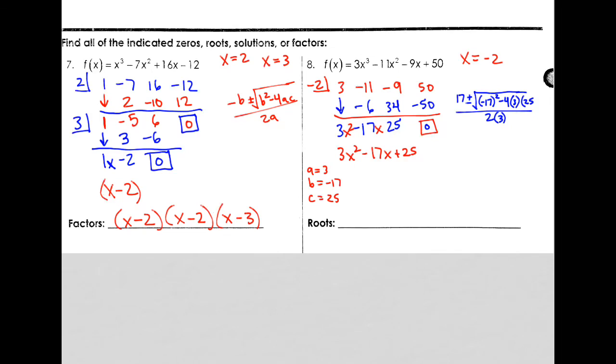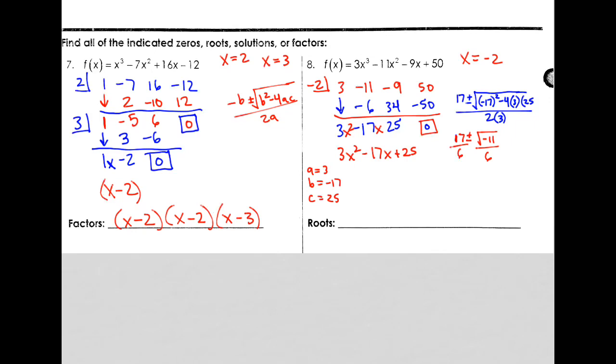So once you run the stuff under the radical in the calculator, you're going to end up with a negative number. Okay, so you'll end up with 17 plus or minus radical negative 11, and then 2 times 3 is 6, over 6.